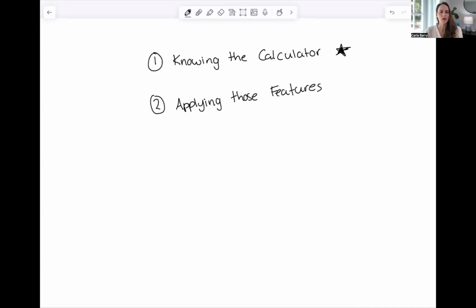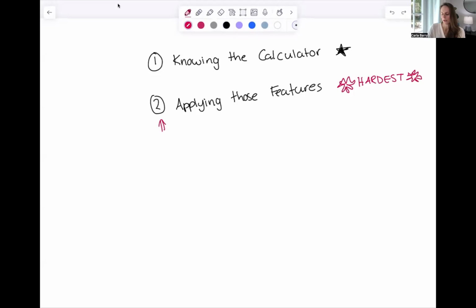But the second hardest part is just knowing how to use those features in your calculator. So reading a question and knowing, hey, I can use my graphing calculator to answer that question. This is arguably, I would say, the hardest thing to learn. And the only way you can master this is by practice.